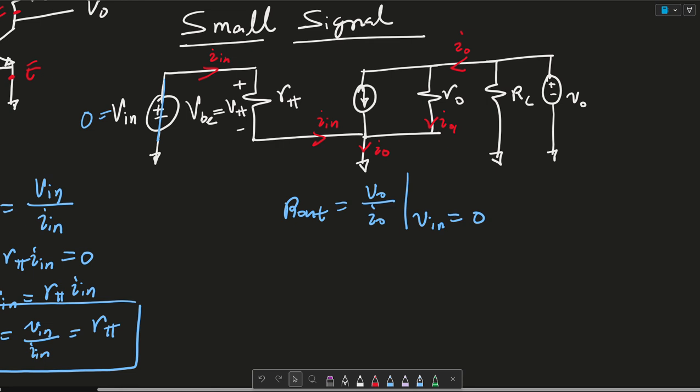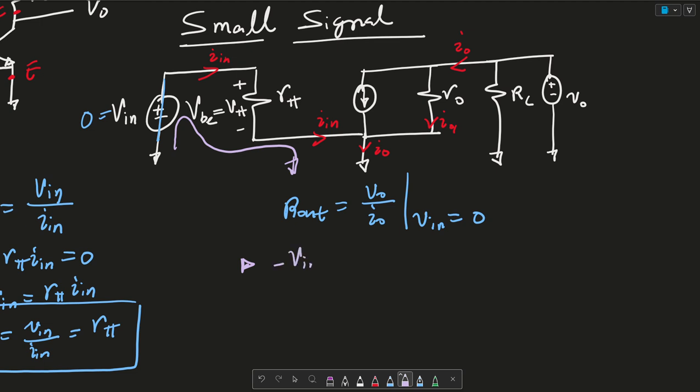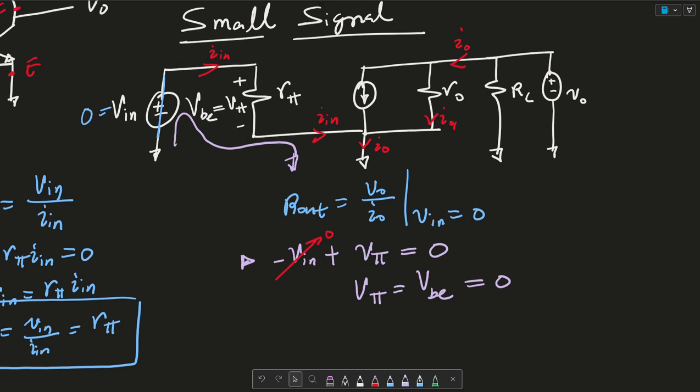The first analysis is a KVL here again: minus V in plus V pi, or VBE, is equal to 0. We know that V in is 0 per our constraints. As a result, V pi, which is equal to VBE, is equal to 0.